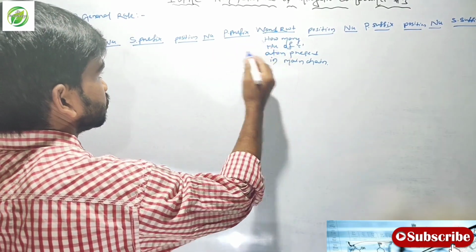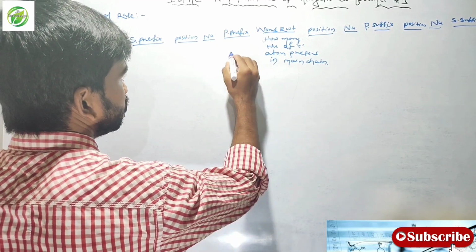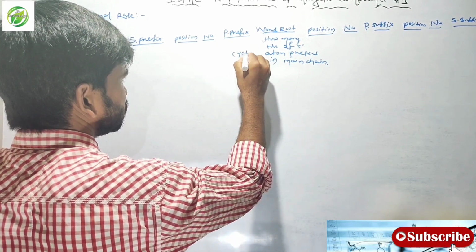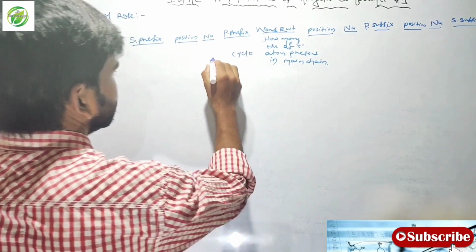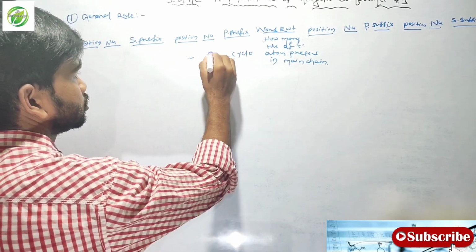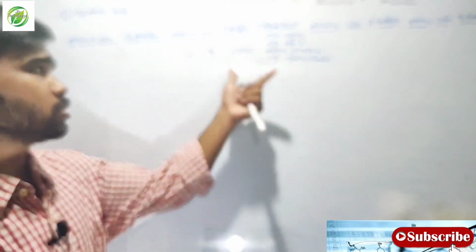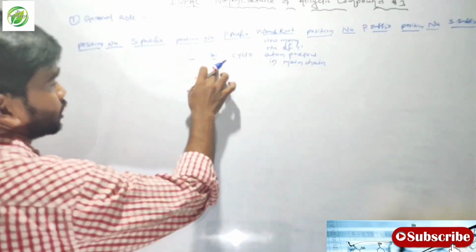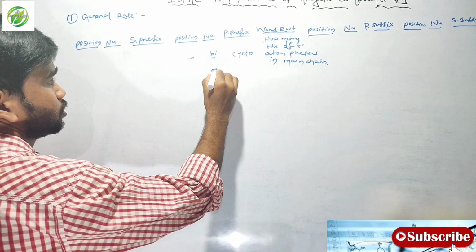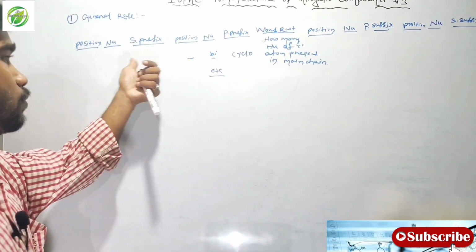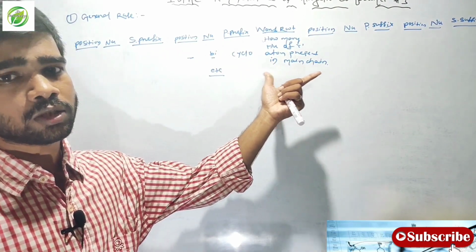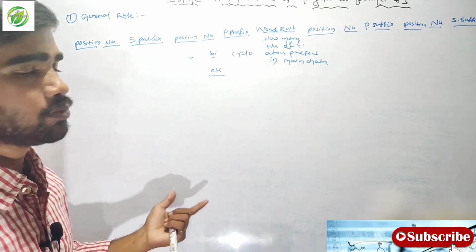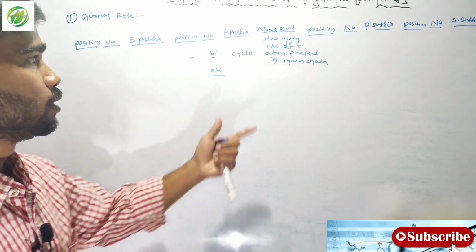In prefix, for a cyclic compound we use cyclo, and then number, positions. One cyclo compound is cyclo, two cyclo compound is bicyclo, tricyclo, etc. All these terms we already discussed in our previous lectures. Please see my previous lectures.